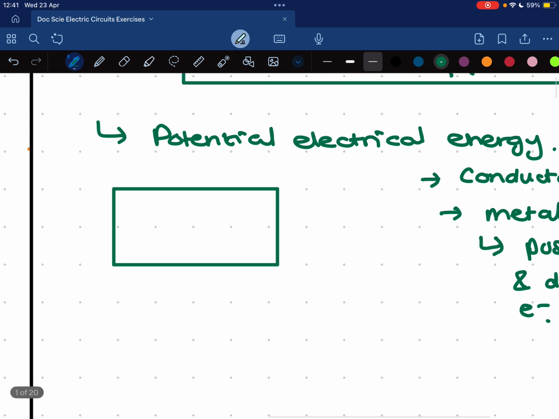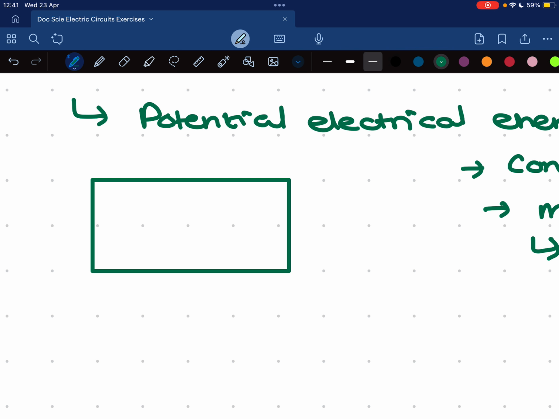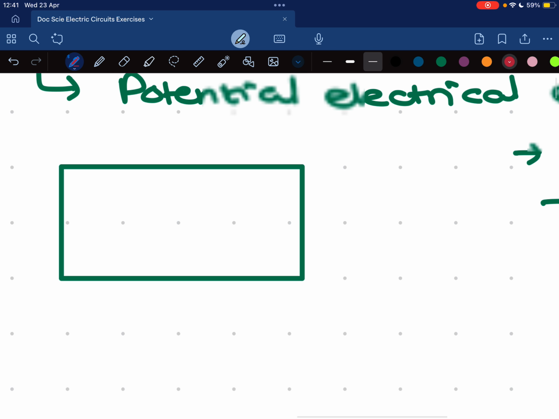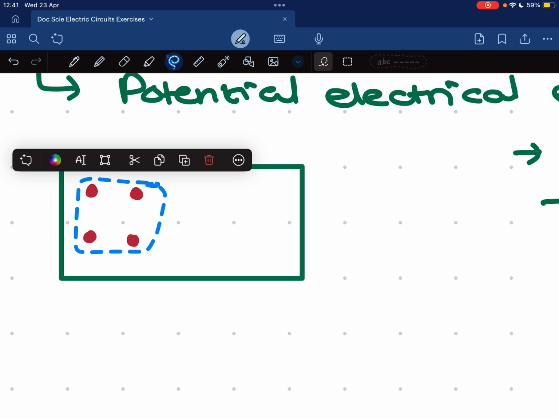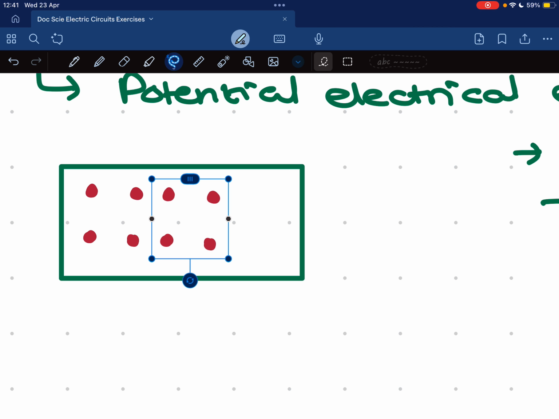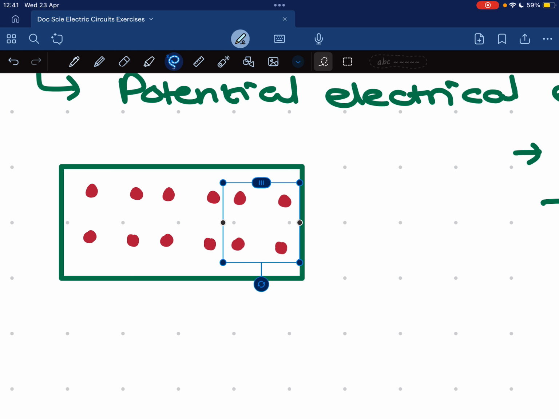So if we think about a metal, we would have these positive kernels that would exist throughout the metal object. Those positive kernels come from the nuclei of all the atoms that we find.